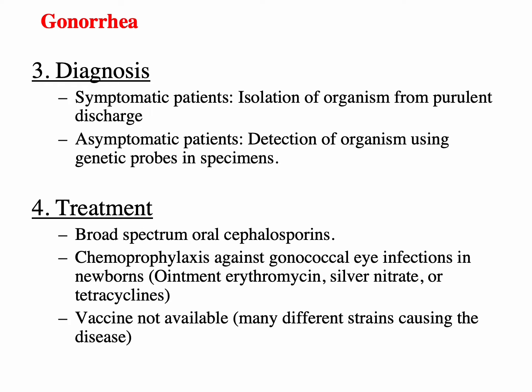For an asymptomatic patient who is suspected of having come in contact with the organism, you can still do a test. They take a sample and do more advanced scientific tests like a genetic probe test. The genetic probe test uses a DNA probe that is specific for Neisseria, and they see whether it gives you a positive result.